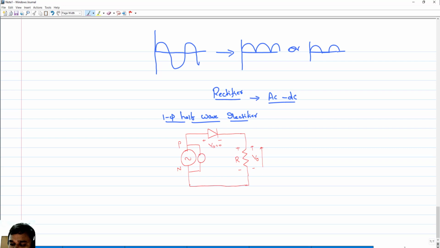Let us take a voltmeter here, and one more voltmeter here. To measure the current we take an ammeter here. Say this is Vs, this is V naught, this is I.